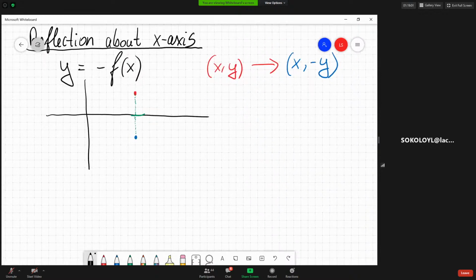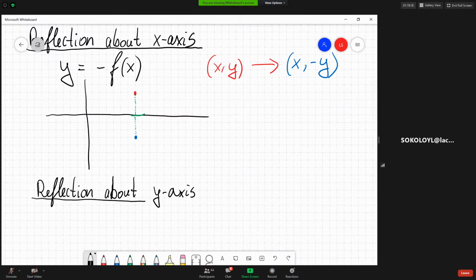Reflection about the y-axis would be y equals f of negative x. So again, whenever something's outside of the function, it's always associated with vertical.